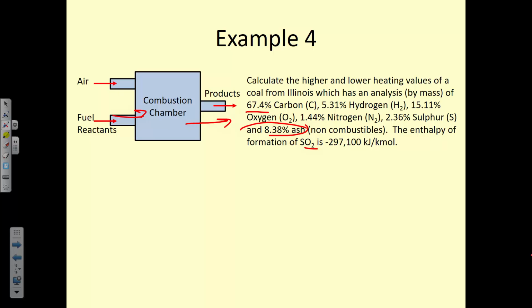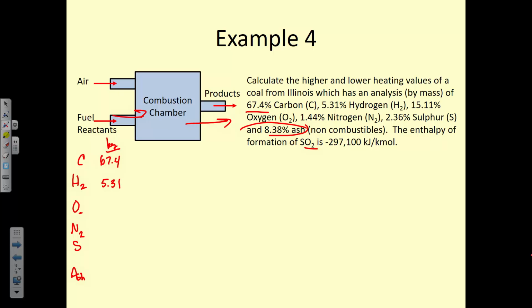And we'll end up looking at the products. Okay, so the first thing we have to do, because this is given in the mass or the gravimetric form, we have to convert everything to a molar form. So we're going to look up carbon, hydrogen, oxygen, nitrogen, sulfur, and our ash is also there. So carbon, if we assume we have 100 kilograms, we'll say it's 67.4 kilograms.